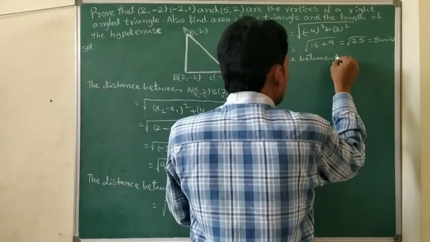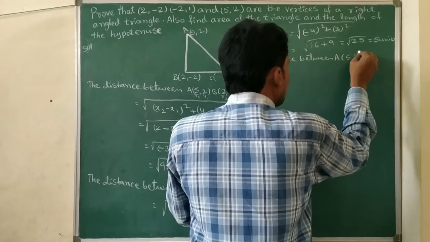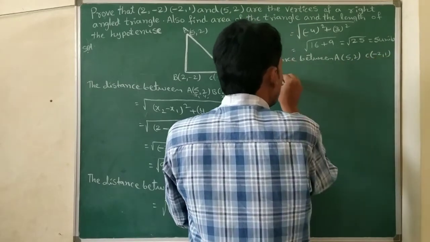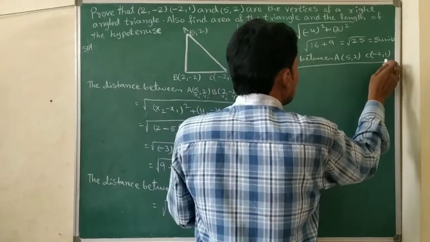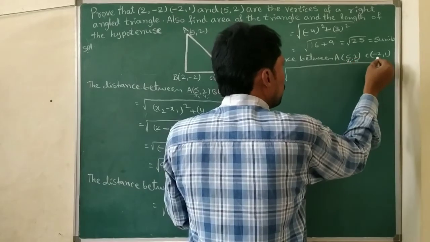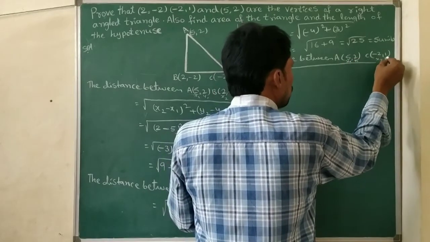A (5, 2) and C (-2, 1) equals the square root of... Here A coordinates are x1, y1 and C coordinates are x2, y2.